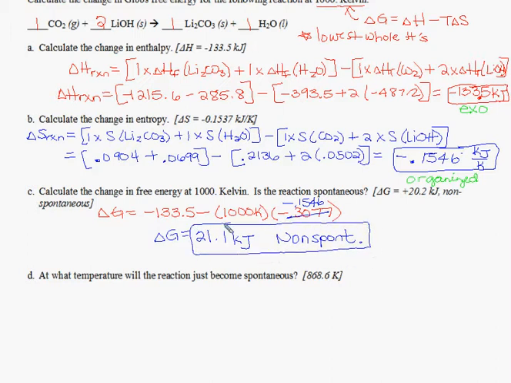All right. So for the last question, at what temperature will the reaction just become spontaneous? This is an interesting question. If you know that delta G, when it's negative, it's going to be spontaneous, but when it is positive, it's not going to be spontaneous, then what value is where it switches?